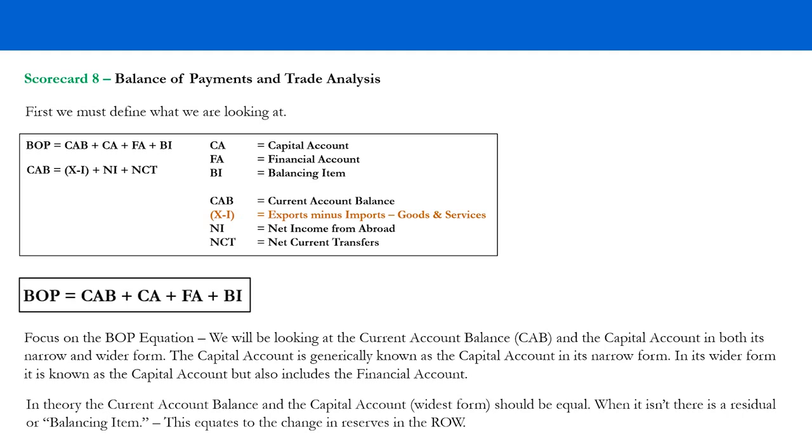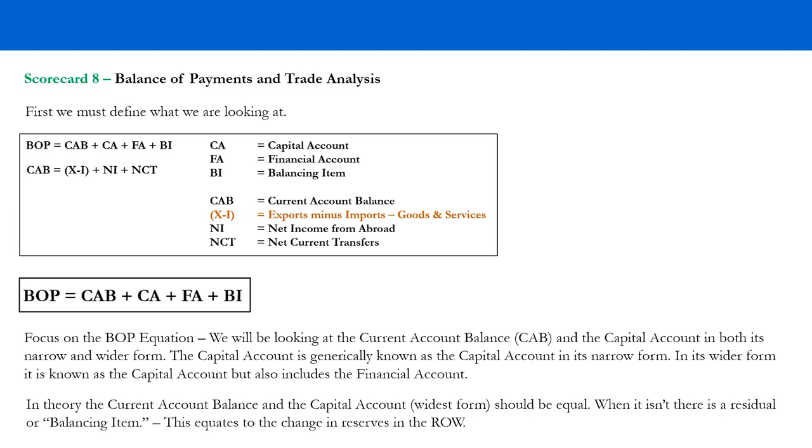Now we're going to go one step further than what we focused on earlier in the video series. We focused earlier on the current account balance. We're now going to focus on the entire balance of payments equation. So we'll be looking at the current account balance and the capital account in both its narrow and its wider form. The capital account is generically known as the capital account in its narrow form.